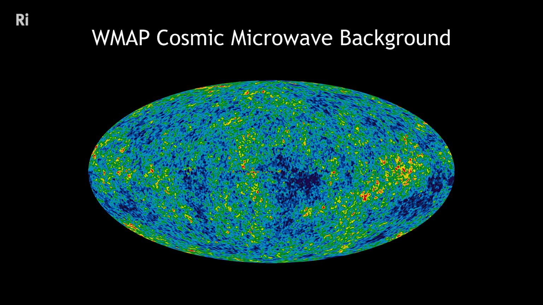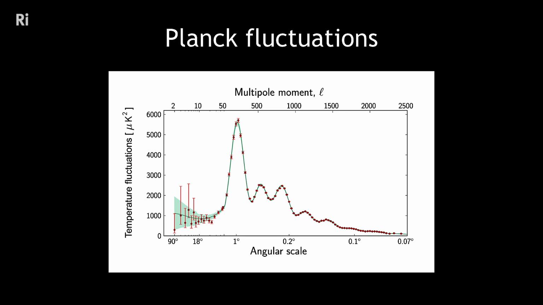And here is a picture from Planck. This is a graph of the amount of power in this in different angular sizes. So a lot of those spots you see are like at 1 degree. And the red dots here are the experimental data from the Planck satellite.